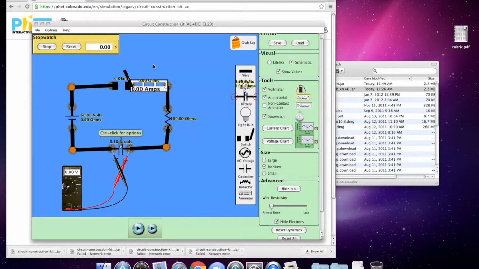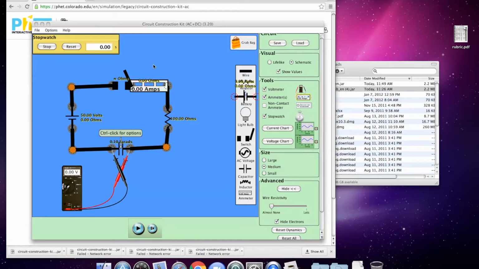You'll note that I have a 50 volt power supply with no internal resistance on the left. I have an open switch, which you'll note is marked with infinity ohms because this open switch blocks all current from flowing. Then I have connected an ammeter, and you'll notice it's reading 0 amps because the circuit is open.